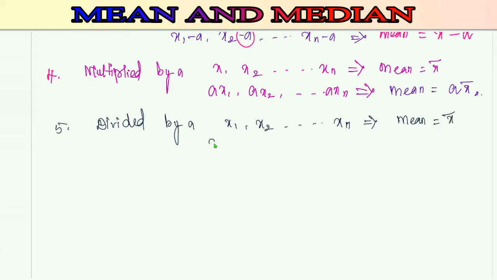When you divide each observation by A, you get x1 divided by A, etc. xn divided by A, and this mean is also divided by A. So the new mean is x bar divided by A. So these are the five properties which we have discussed. Based on this, we are going to solve the problem.